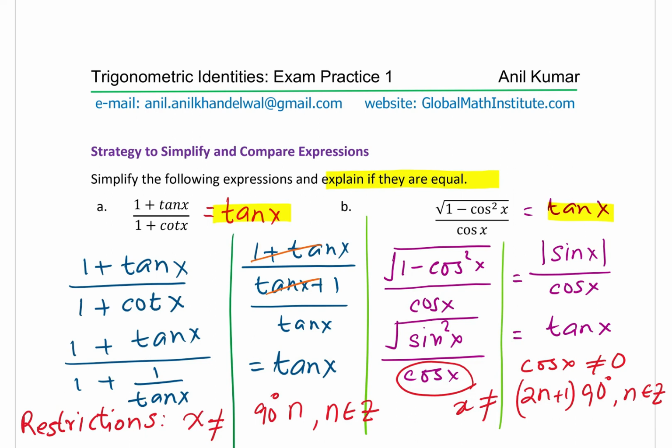You get the idea, right? So they are not equal. The answer will be they are not equal because they have different restrictions. So let me write down the answer here. Different restrictions.